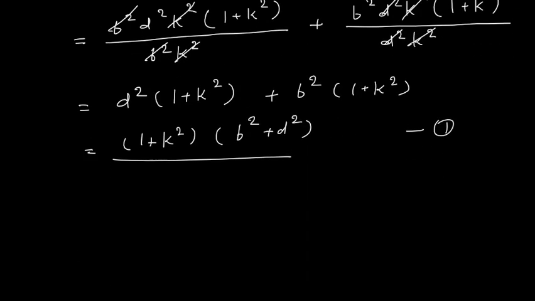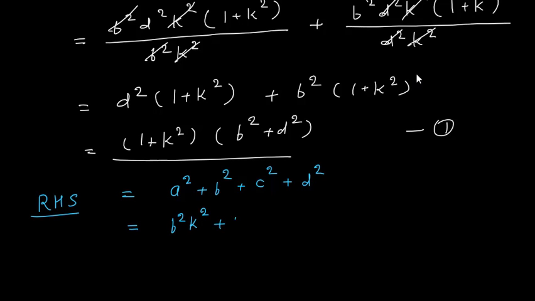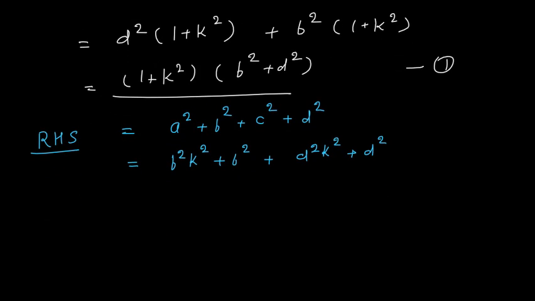RHS is a square plus b square plus c square plus d square. Now this a can be written as bk, so it will become b square k square. This is b square only. This will become d square k square, plus this is d square only. Now here you take this b square common, so inside you have k square plus 1.